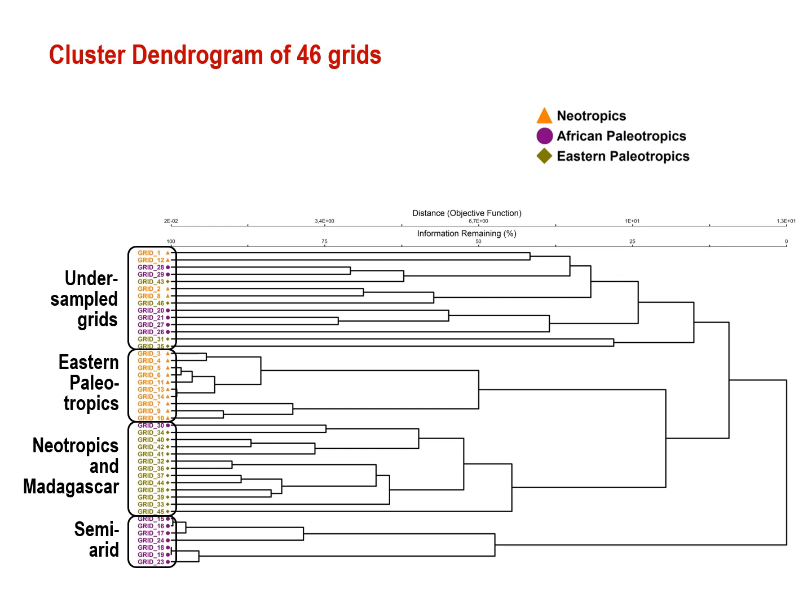The central large group of grids gives one large group distinct from the other two but divided into 2 equally distinct groups: one all Neotropic grids, the other almost all Eastern Paleotropic grids. The third large group has about an equal number of grids from all 3 regions.